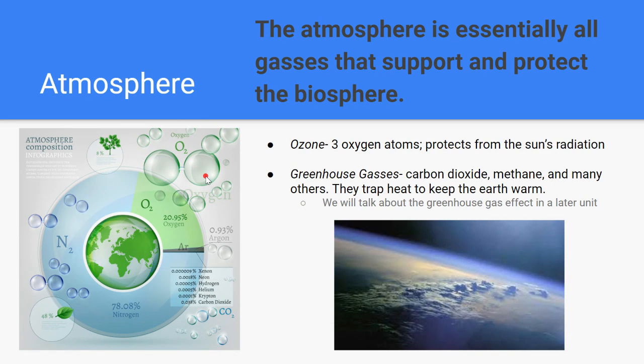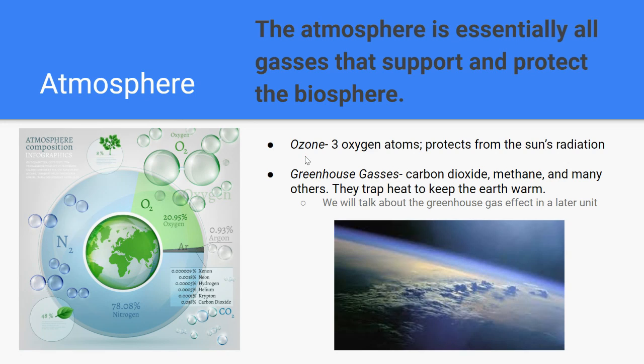But there is another form of oxygen that exists in the atmosphere, and that is called ozone. Ozone is 3 oxygen atoms combined together, and its job is to protect from the sun's radiation.